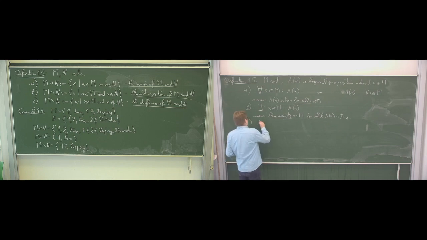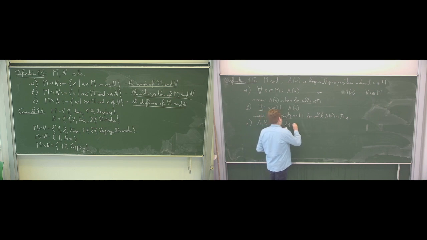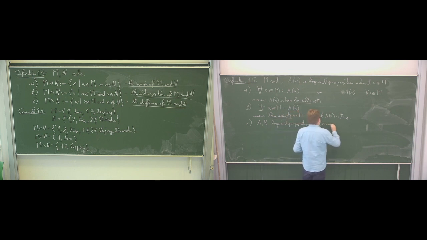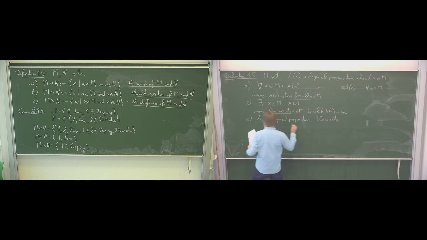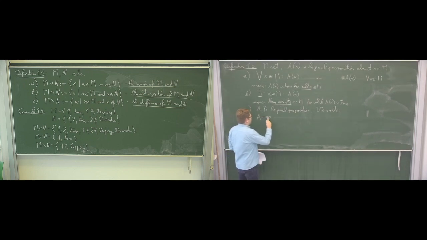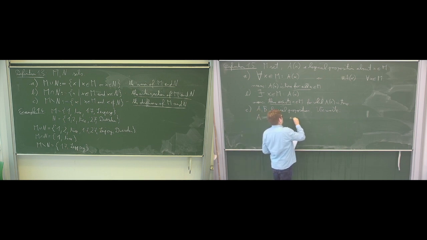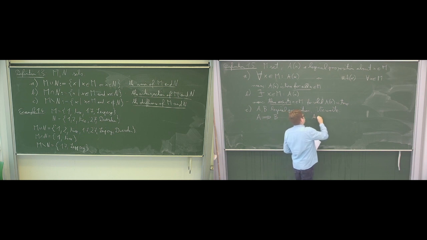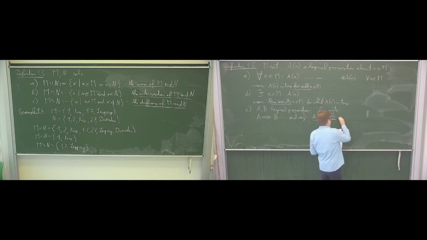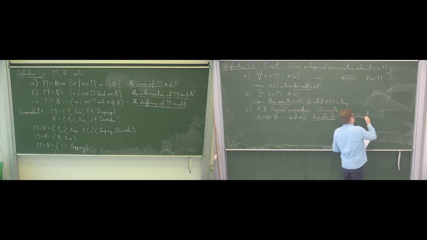then if we have 2 logical propositions, so some logical statements, then we write A, and then we take an arrow with 2 horizontal lines to B, and say A implies B if the following holds.